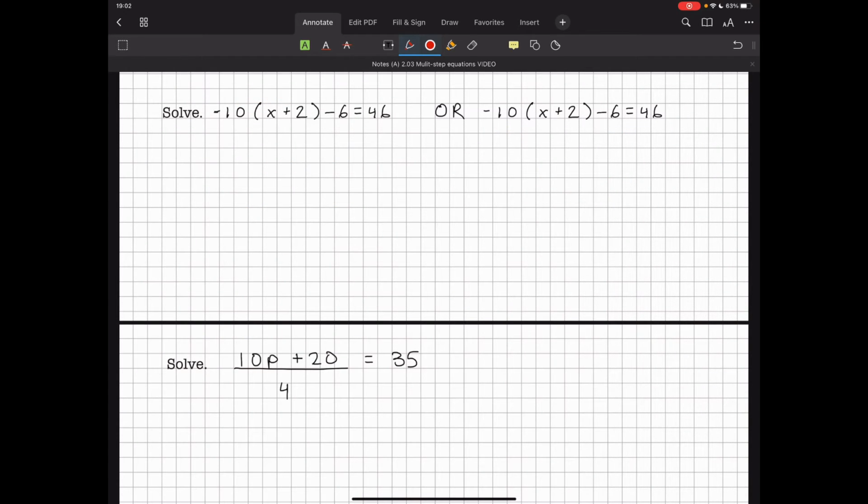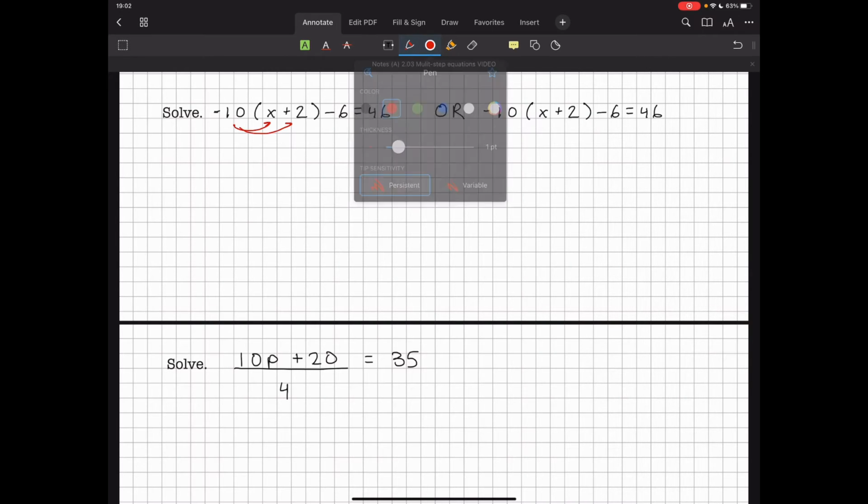In the third problem, it looks a little more complicated. We have a little more to simplify. But again, many of us would distribute first, which makes sense here since it would possibly be harder to divide both sides by -10 first. That might not be the best move here.